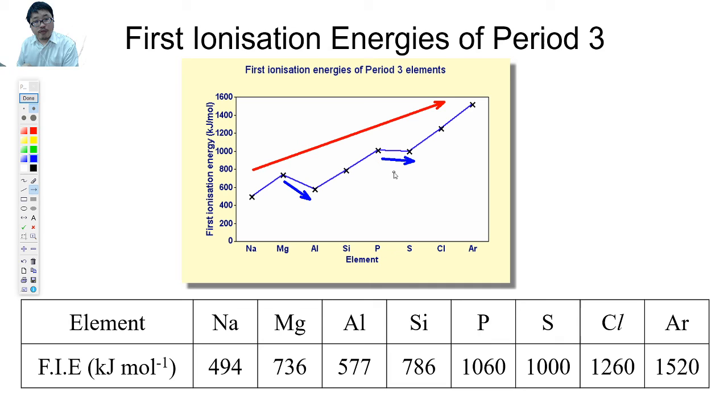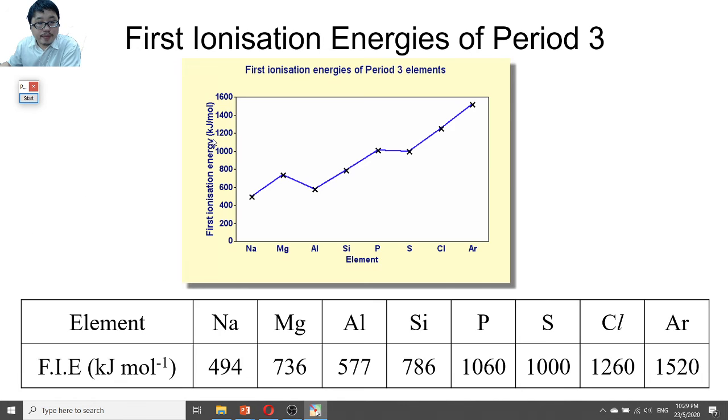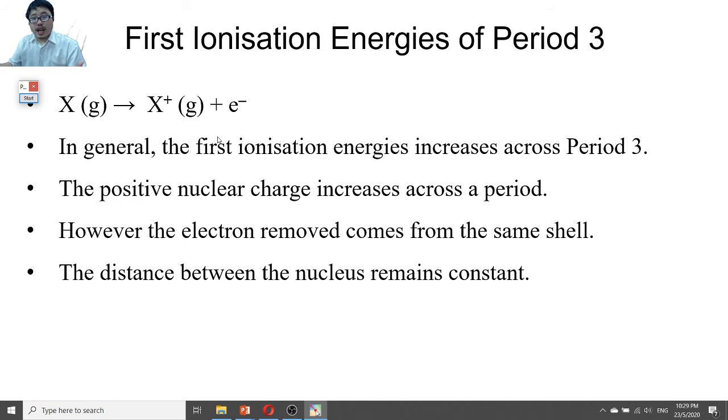Does this graph look familiar to you? It is because we have discussed this in chapter 3, where we talk about first ionization energy trends across a period. The same trend applies also for period 3. Now, what is first ionization energy? First ionization energy is the energy needed to remove 1 electron. So therefore, it increases across period 3.